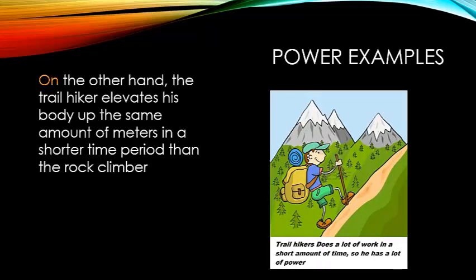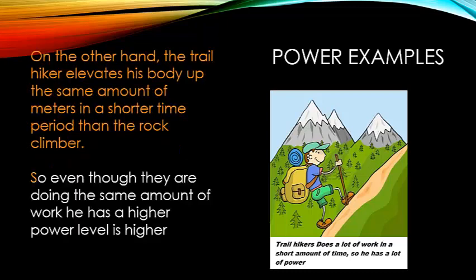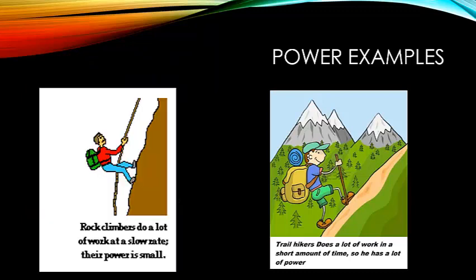However, on the other hand, the trail hiker elevates his body up the same amount of meters in a shorter period of time than the rock climber. Since it takes him less time, even though they are doing the same amount of work, he has a higher power level than the rock climber because he's going at a faster rate.